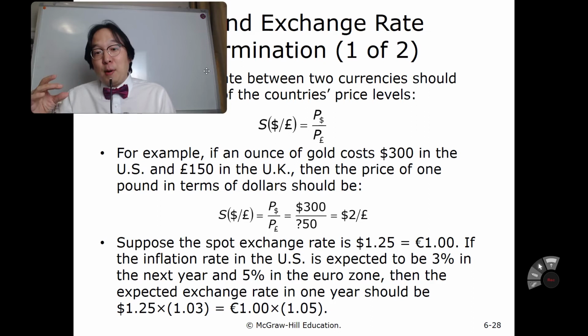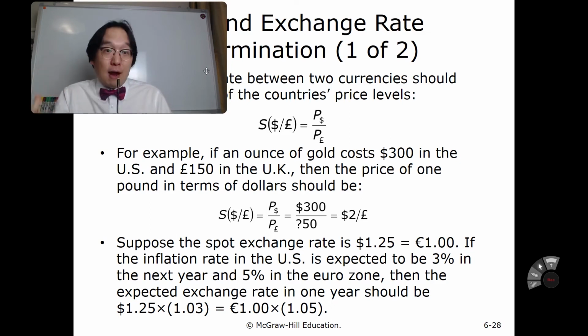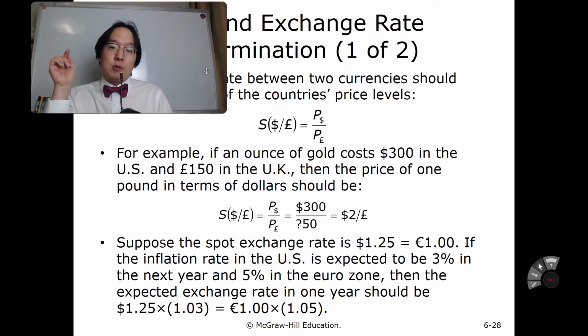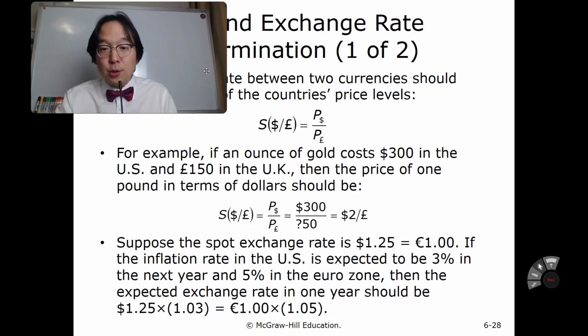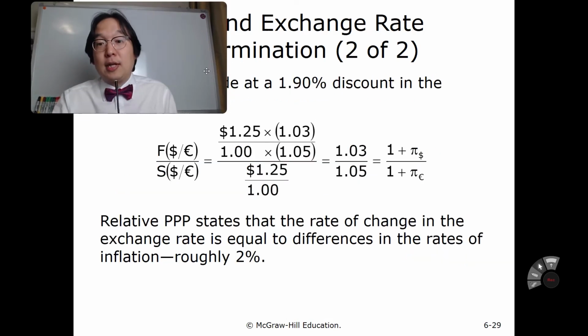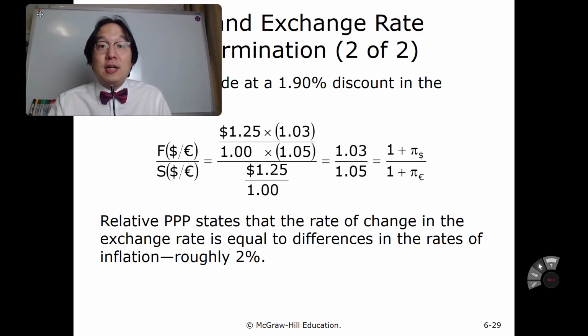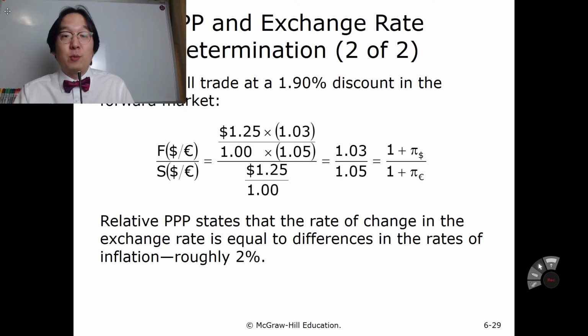And on the other side of the equation, the euro, whatever goods had a price level of 1 euro before, one year later it's going to be 1.05 because the inflation rate is 5%. So the equation still has to hold when we multiply by 1 plus the inflation rate for the US side and 1 plus the inflation rate for the euro side. This equation should hold. That's the basic idea, and it will give us a good idea about what the forward rate has to be.